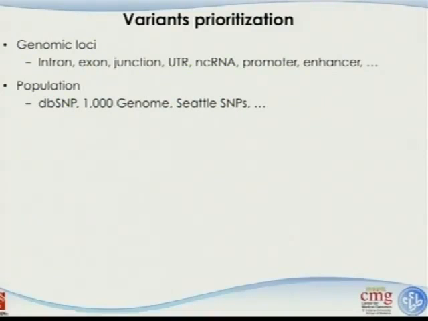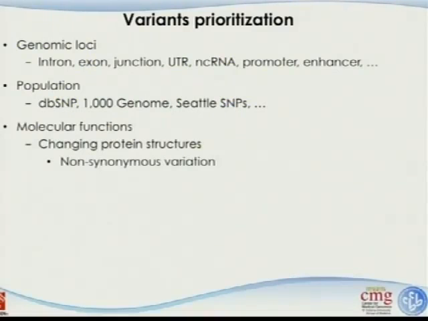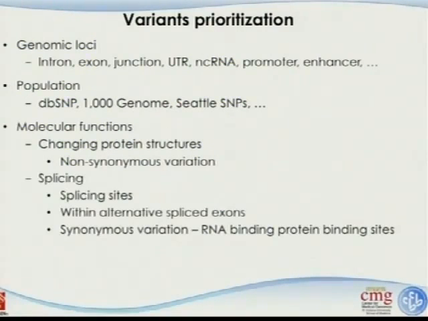So this is really the population-based variant prioritization. And the third one is molecular function-based, including whether some of the variants will change the protein structures, which generally will be the non-synonymous variations, or whether they will change the splicing patterns.